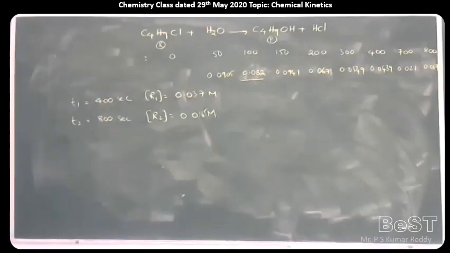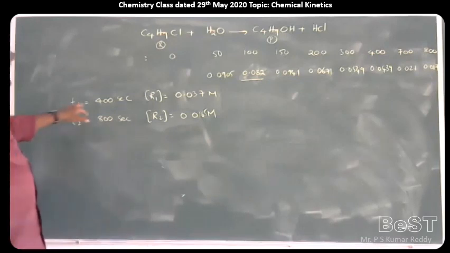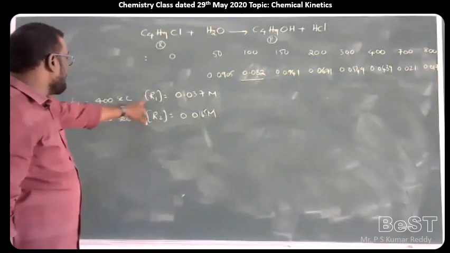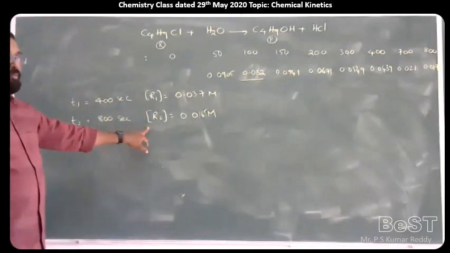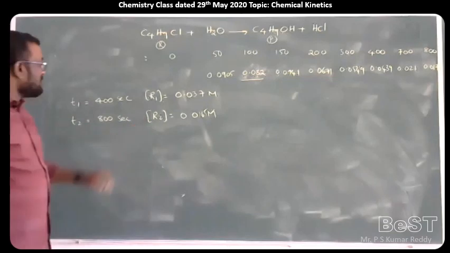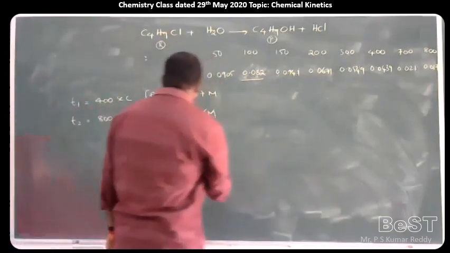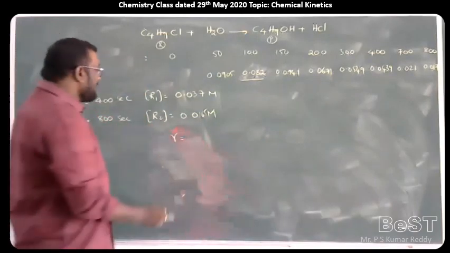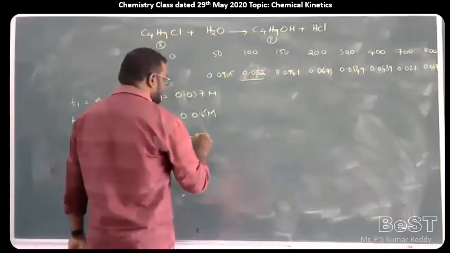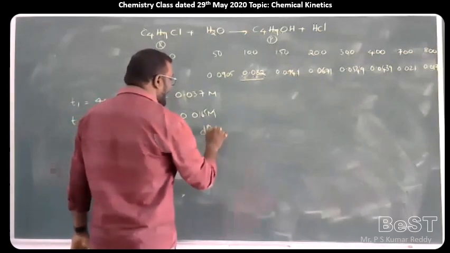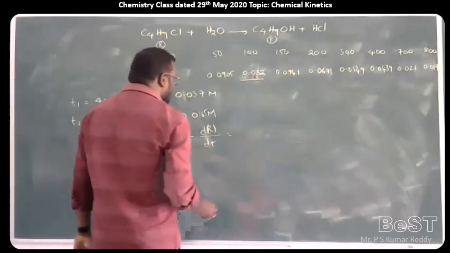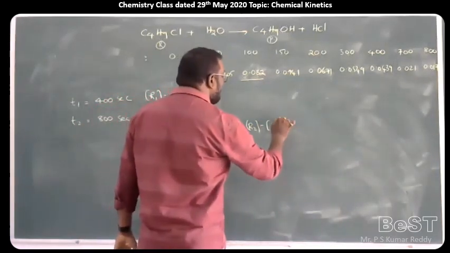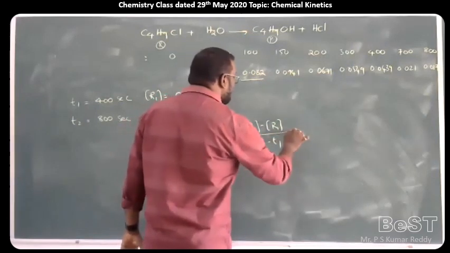So here you can see at 400 seconds, the R1 value is 0.037 molar, and at 800 seconds it is 0.0165 molar. So when you are asked to calculate the instantaneous rate of reaction, R is equal to minus dR by dt, where that is minus (R2 minus R1) by (T2 minus T1).